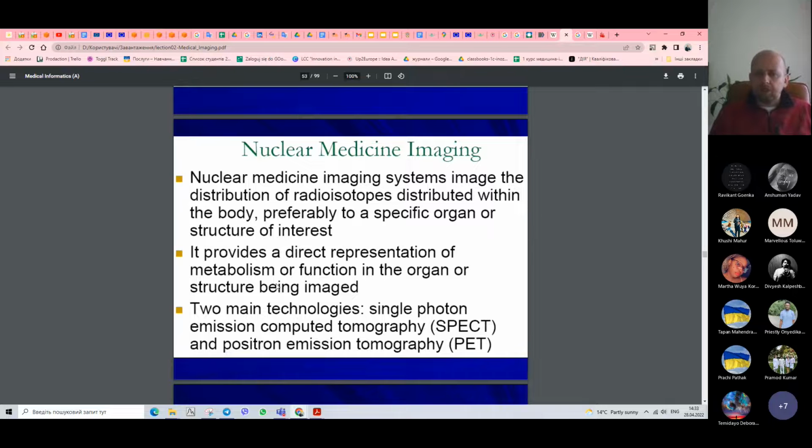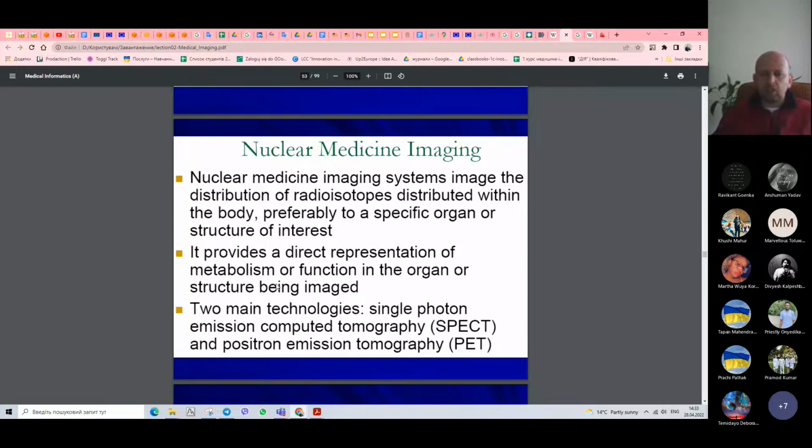Nuclear medicine imaging. Nuclear medicine imaging systems image the distribution of radioisotopes distributed within the body, preferably in a specific organ or structure of interest.